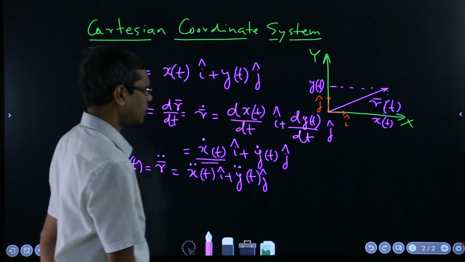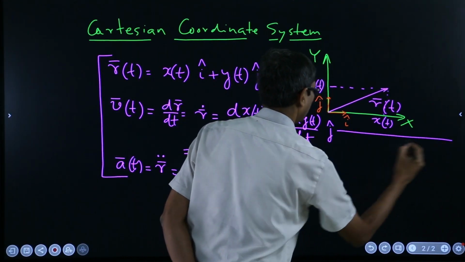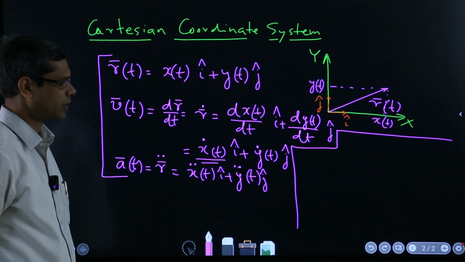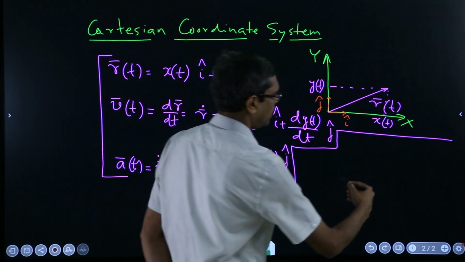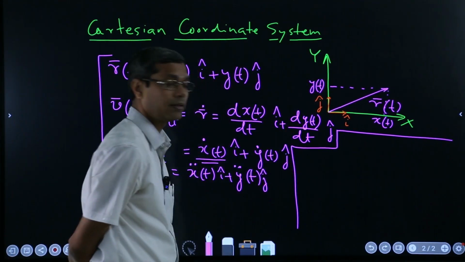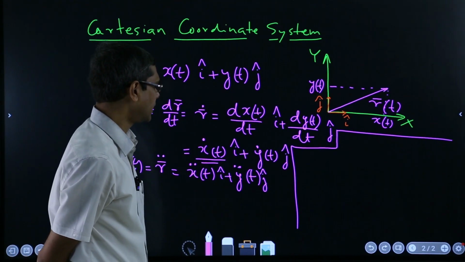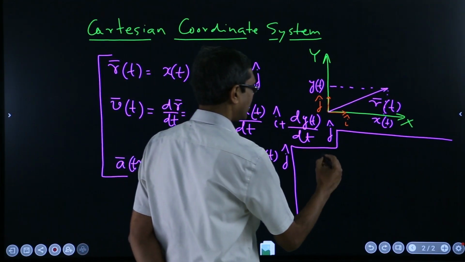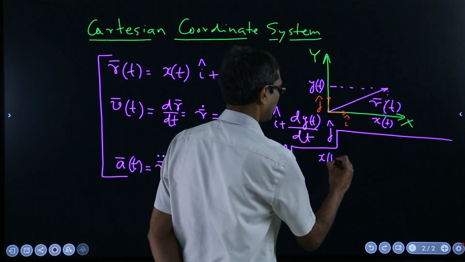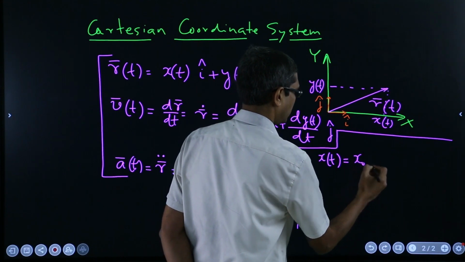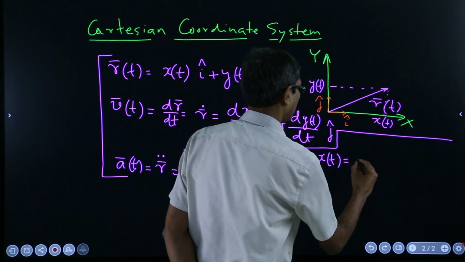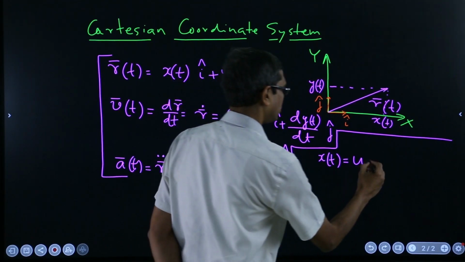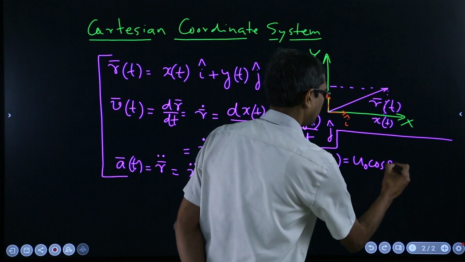For example, say you had a projectile motion, right? When you throw a ball in a uniform gravitational field, then your x velocity remains constant. So you can say that your x of t is nothing but, say u naught is the initial velocity, projected at an angle of theta.